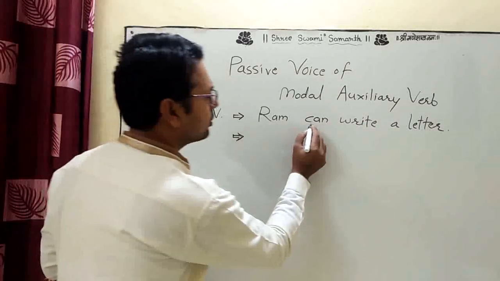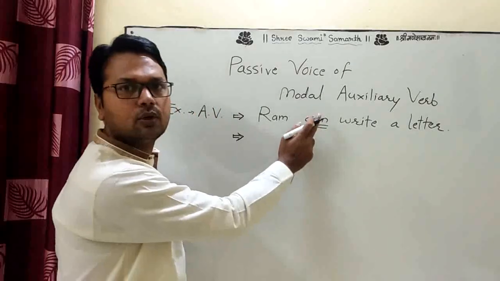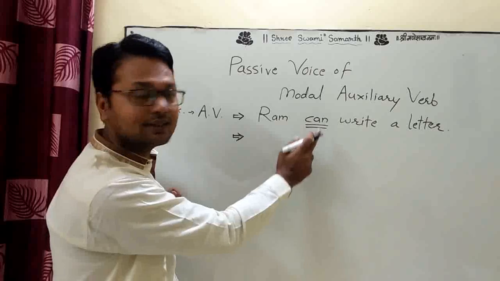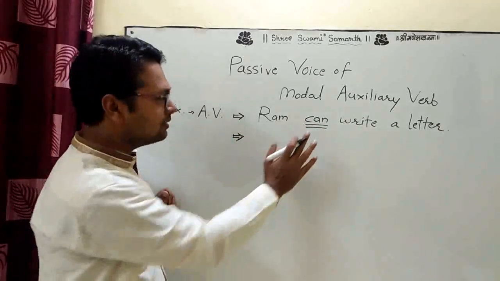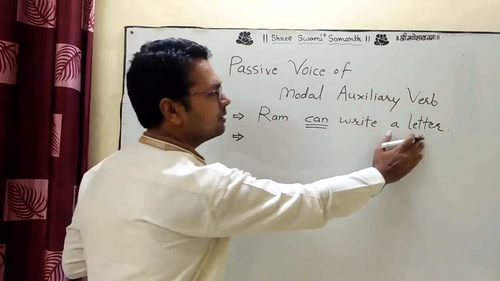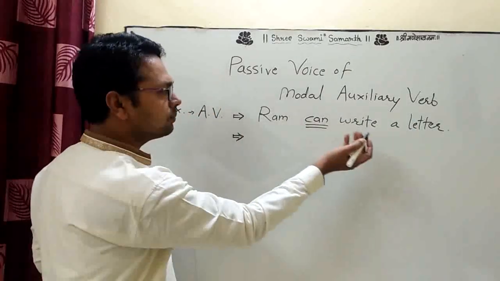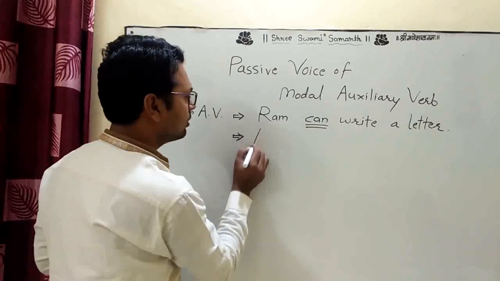Which is the modal auxiliary verb in the sentence? Can. Then the subject is there, the verb is there, and then the object. When we make the passive voice, we just take the object first.